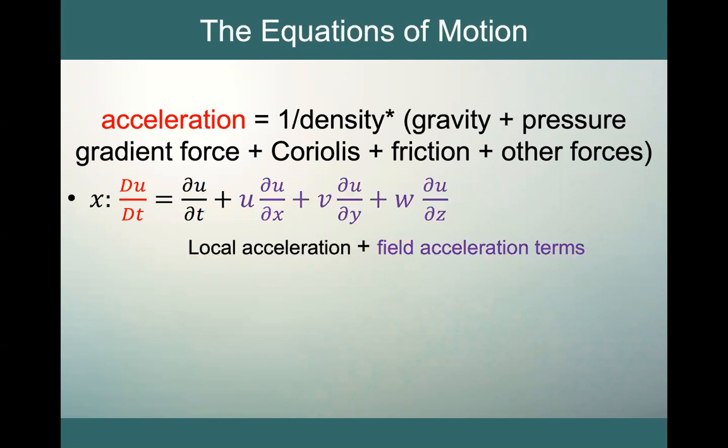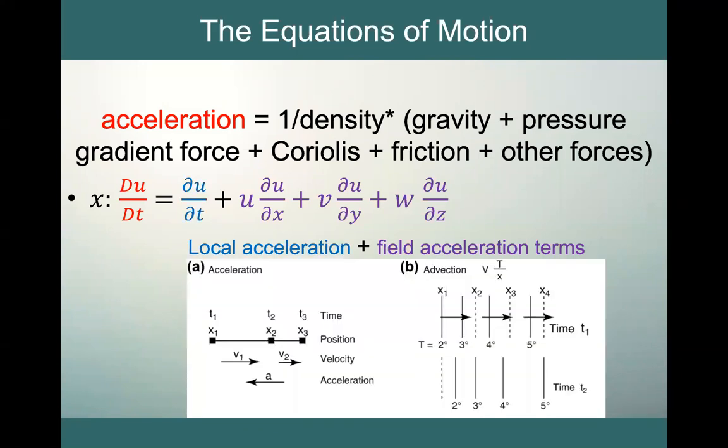This is the advection terms. But what we mean here is if we're looking at this as a field and we're looking out at the ocean at different points and we see that the velocity might be changing spatially. And so these are the advection terms or the field acceleration terms.